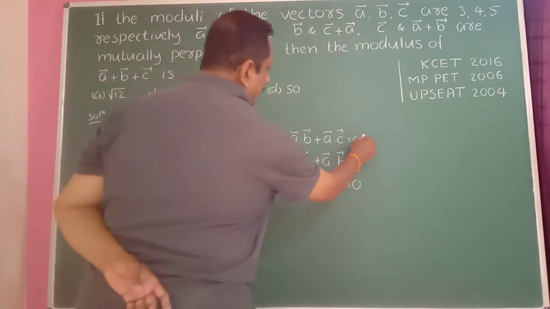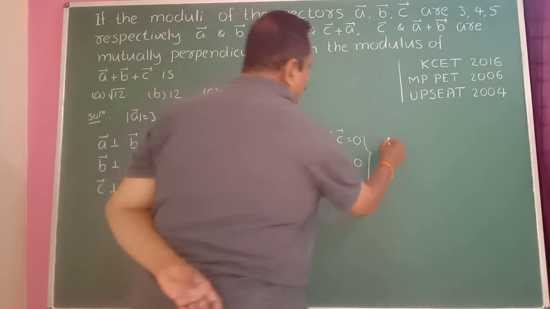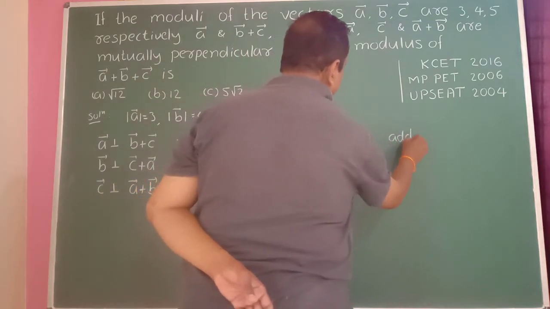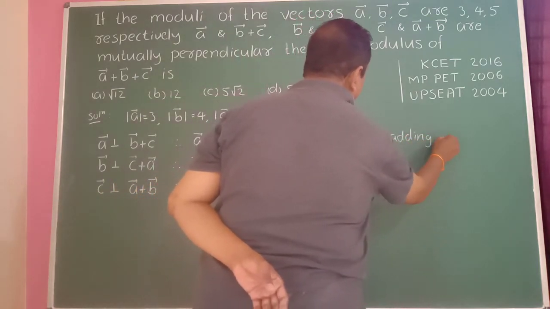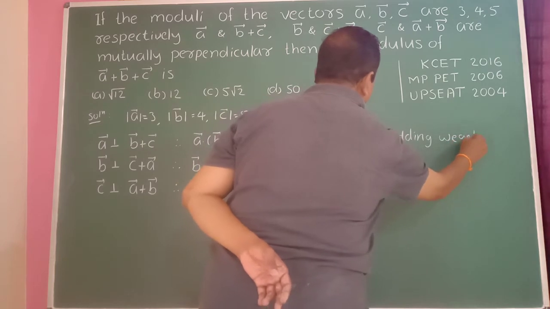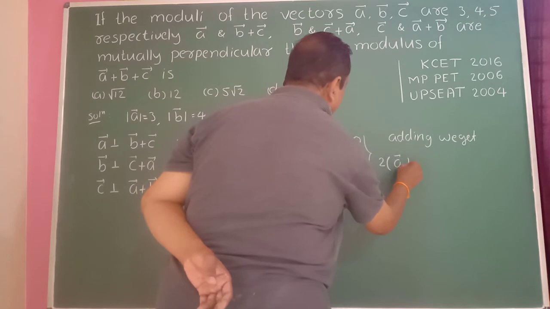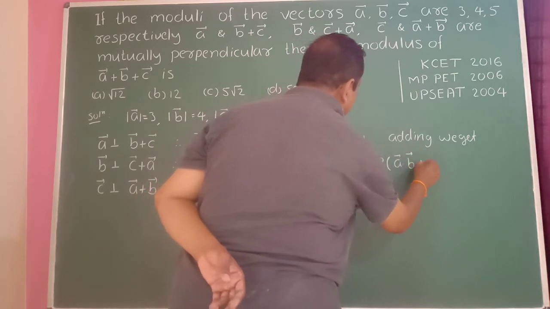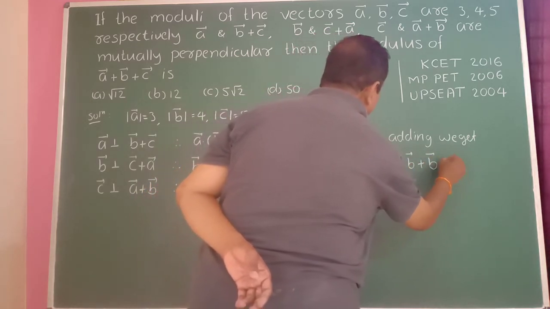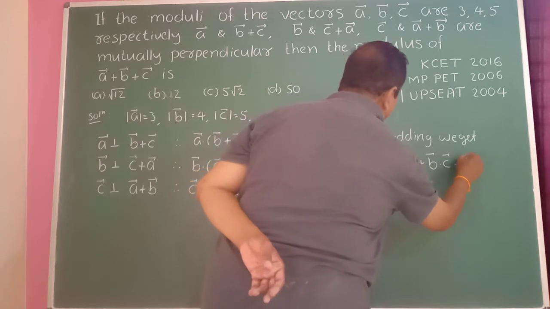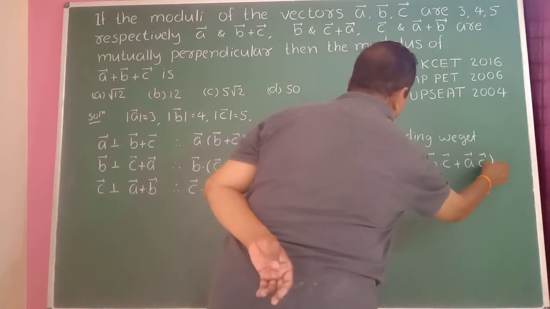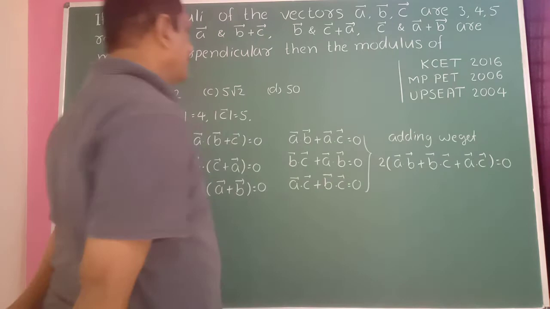So adding, we get 2 times a bar dot b bar plus b bar dot c bar plus a bar dot c bar, that is equal to 0.